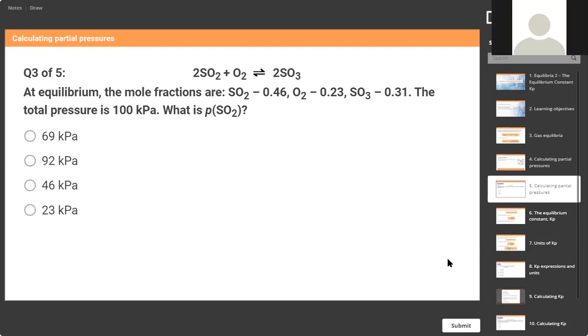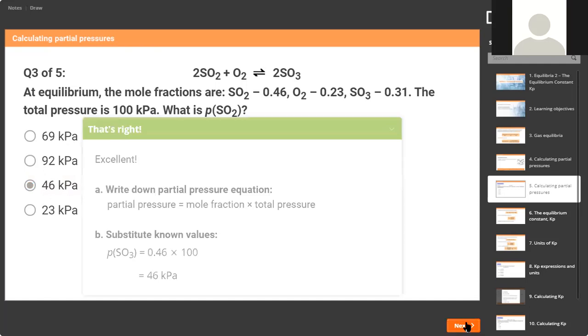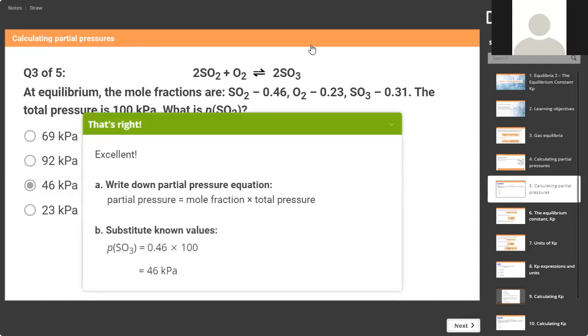Our pressure is 100. So it should be 46 kilopascals. Yeah, I'm not quite sure why there was a minus there. I think they were just attributing it to each one, and that just really confused me. So again, to work out partial pressure, it's just our mole fraction multiplied by our total pressure, substitute our known values in, and that would give us 46 kilopascals.